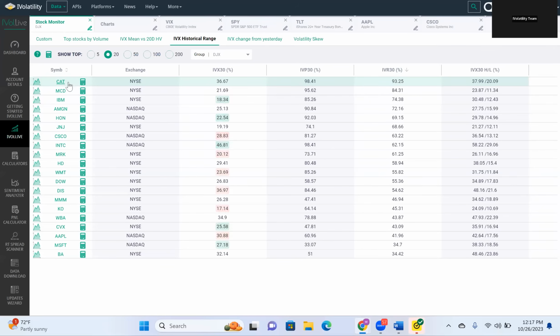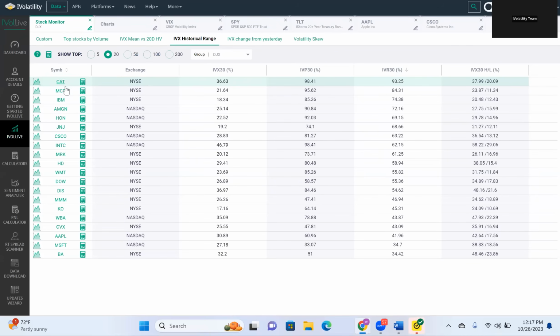So a question came up: how do I interpret IVX? Well, IVX in a vacuum, in my opinion, is hard to interpret. But when you use IVX and compare it with its historical range, and you compare it with IVP, to me that's kind of like the holy grail, because now I know Caterpillar's trading with an abnormally high implied volatility, which tells me something's happening here.